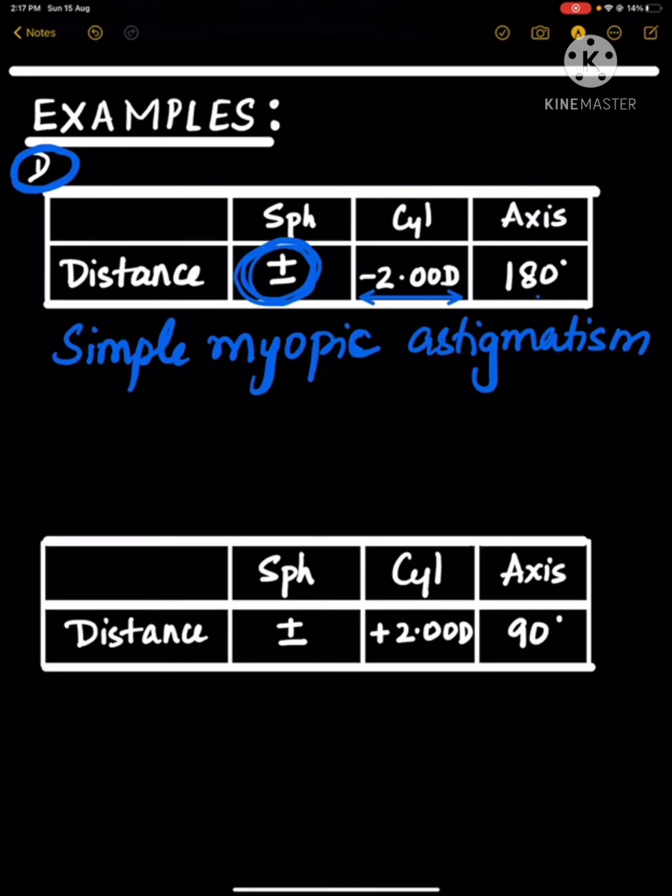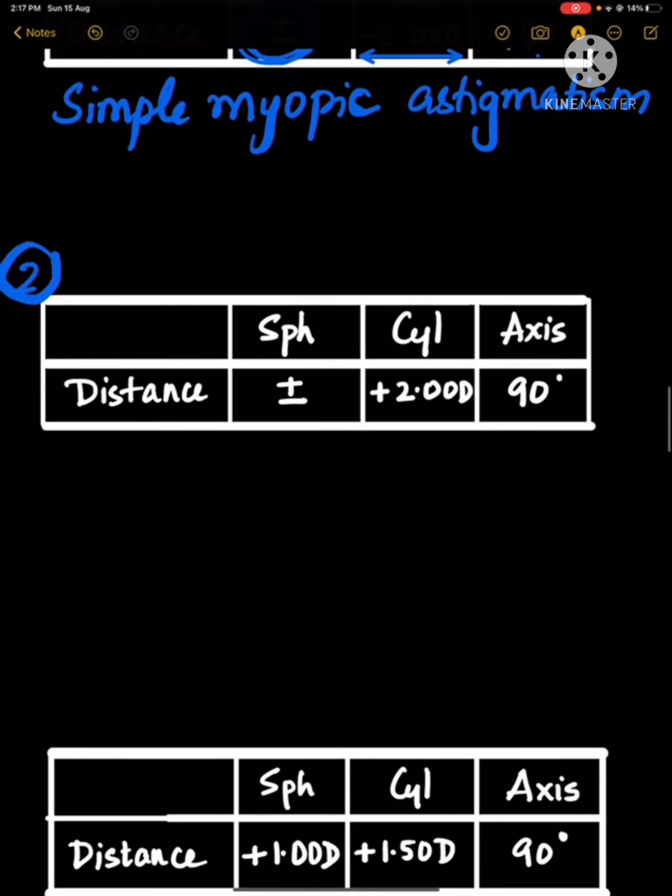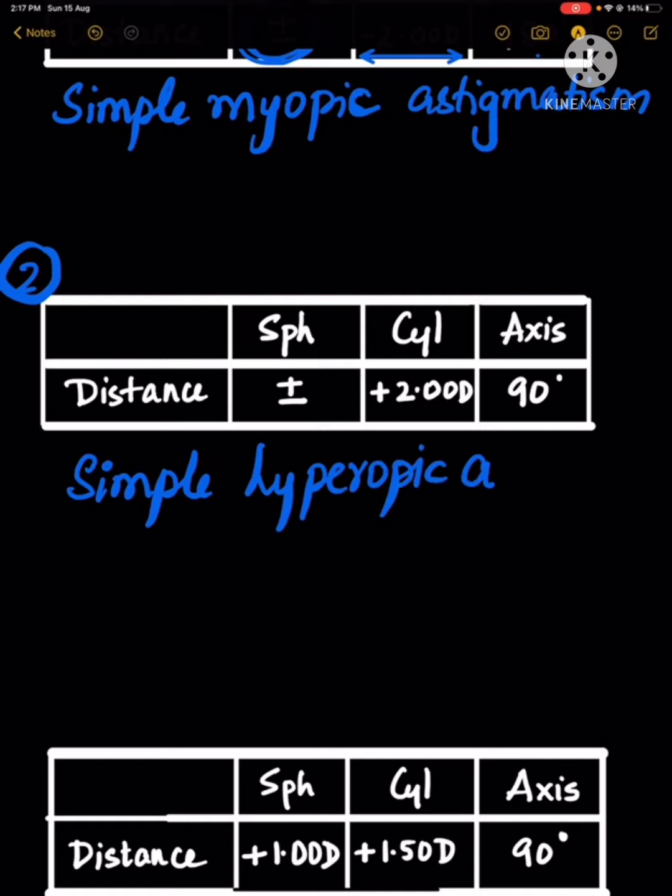Easy, right? Let's move on to the next one. Second one, no sphere, only cylinder, simple, plus sign, hyperopic or hypermetropic, same thing, astigmatism.